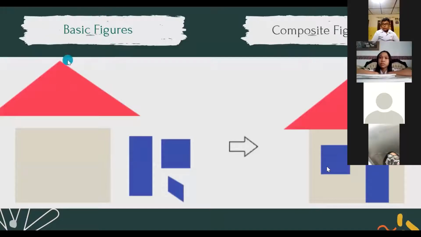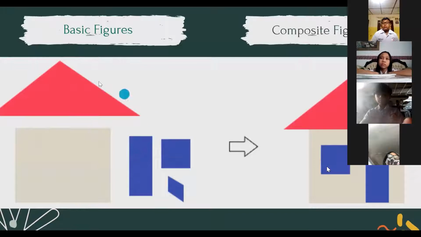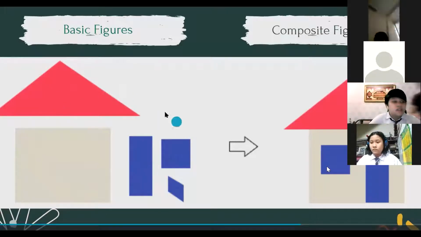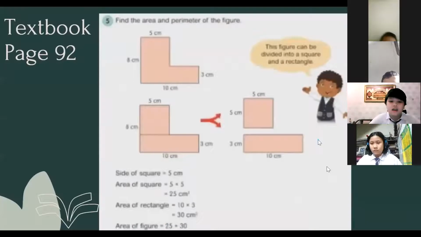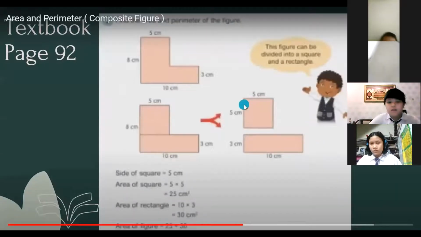We already know basic figures like triangle, rectangle, and square or circle. Okay, and if we combine them together, we can get a house, a new figure. We call it a composite figure. Okay, so how to find the area and the perimeter?